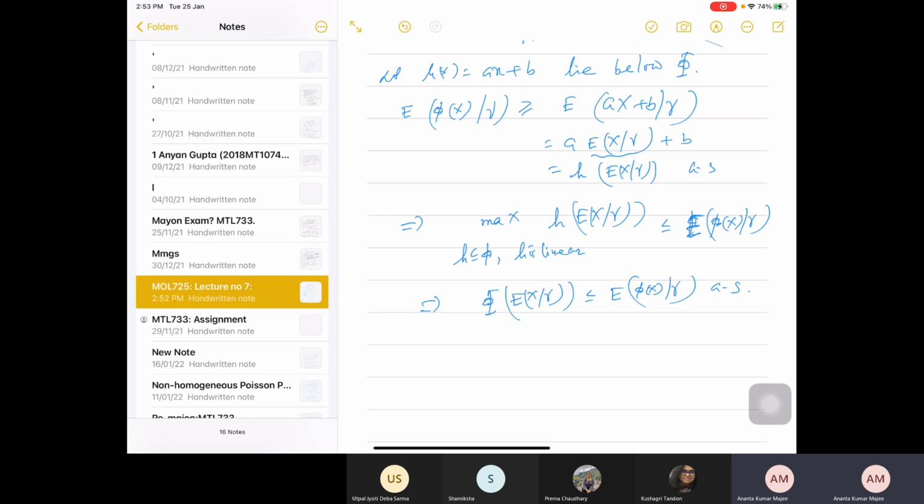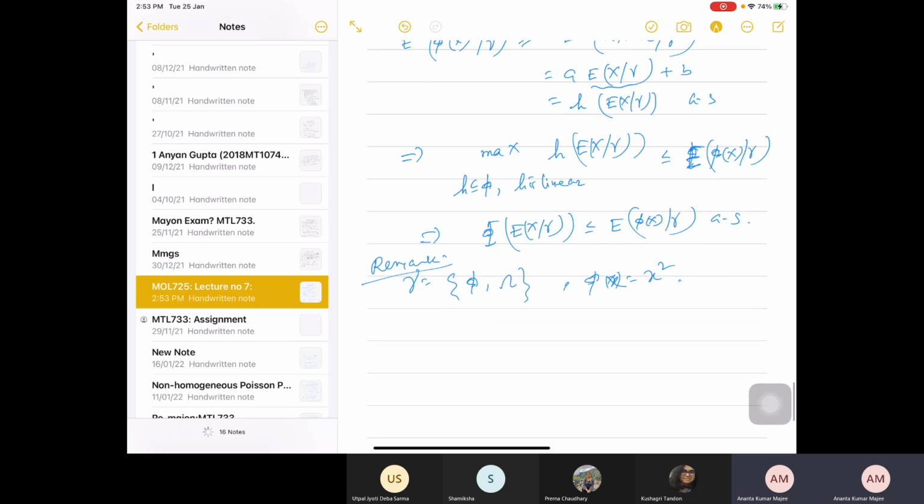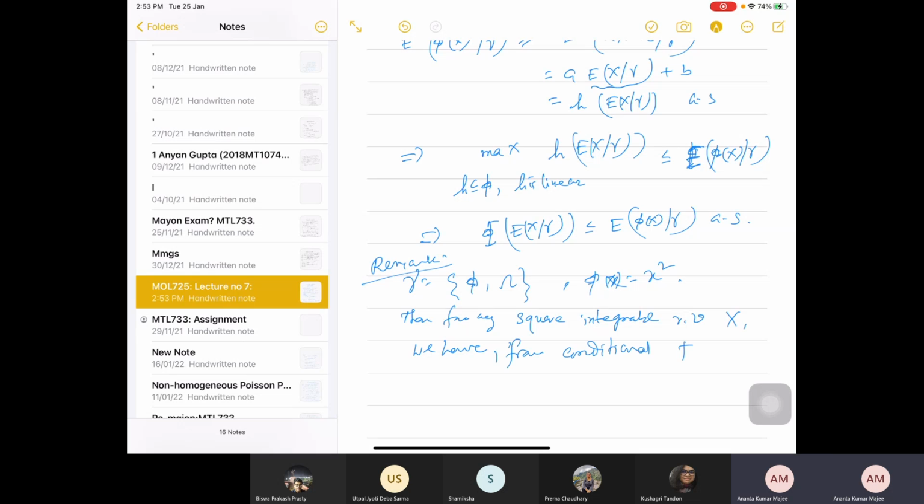From here, it is a simple thing. Maybe a remark: if I consider nu equal to my trivial sigma algebra, nu equal to the empty set and omega, and take my phi of x equal to, say, x squared, then Jensen's inequality says that for any square integrable random variable x, we have from the conditional Jensen's inequality, because of the trivial sigma algebra, that the expectation of x given nu is the same as my x, no?